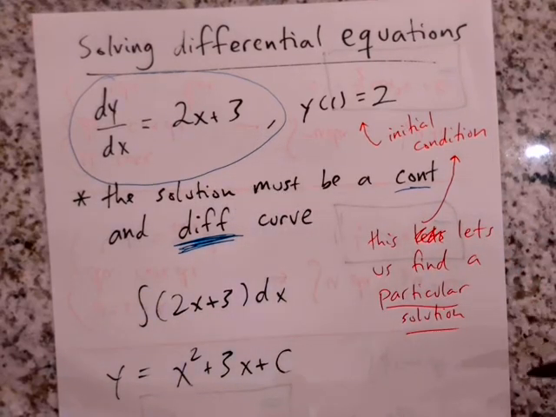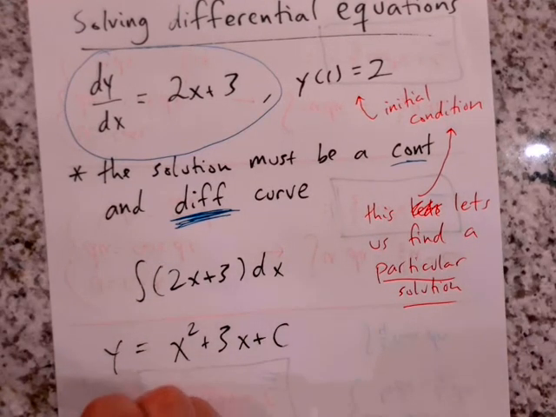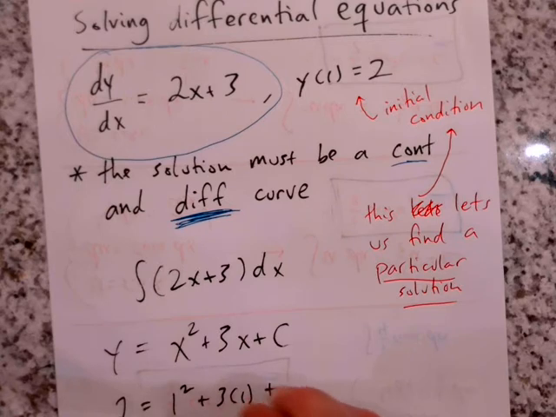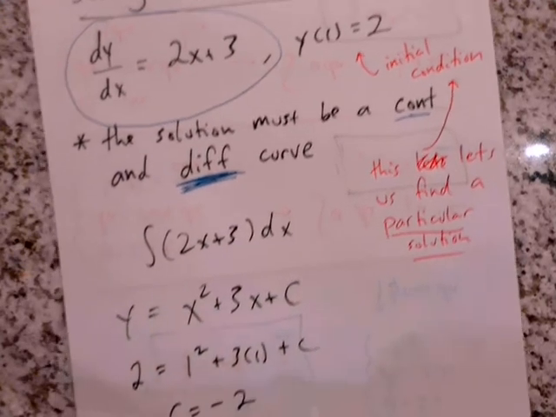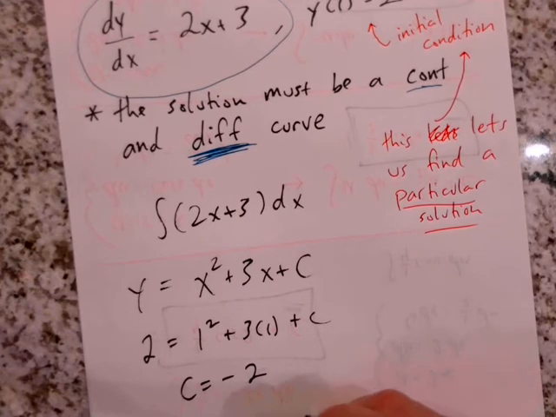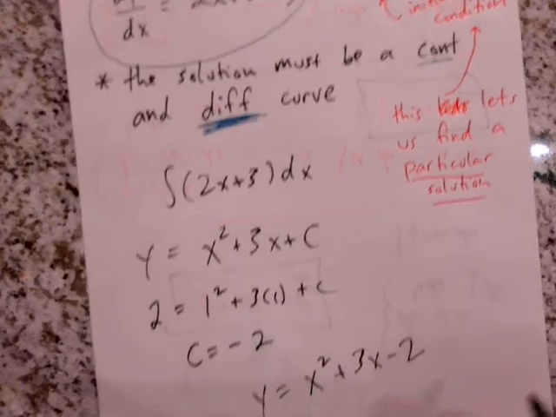We want the particular solution, so we plug our initial condition in. This says that when x is 1, y must be 2. We solve that out. We get c is negative 2. And so our particular solution is y equals x squared plus 3x minus 2.